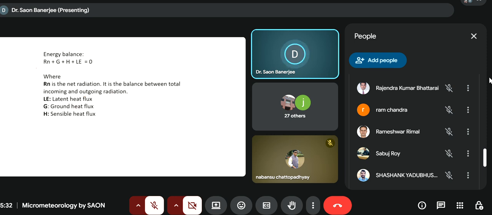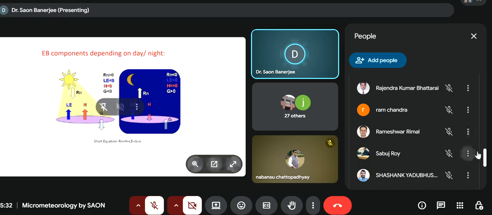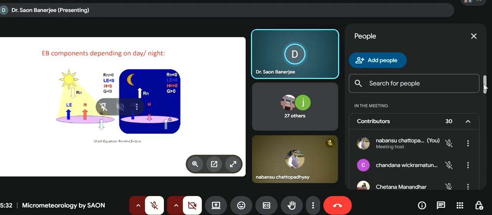Now, this is the energy balance equation, Rn plus G plus H plus Le equal to 0. In some books you will get the term Z for ground heat. Now, how does it behave in the daytime and in the night time?